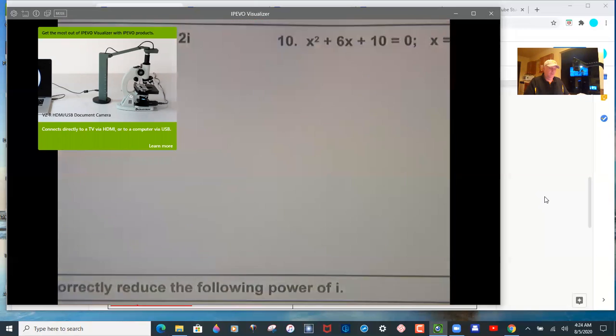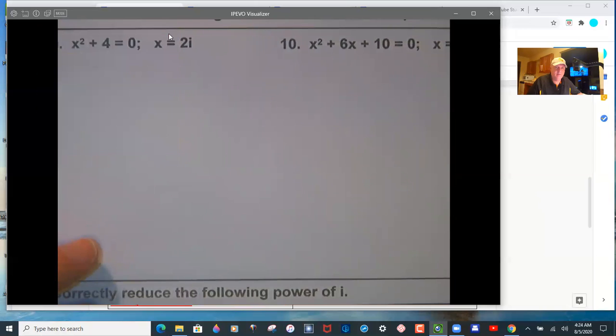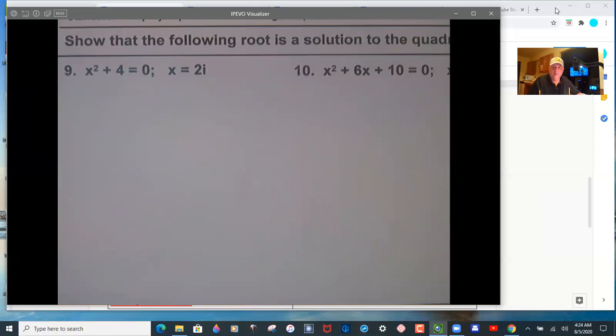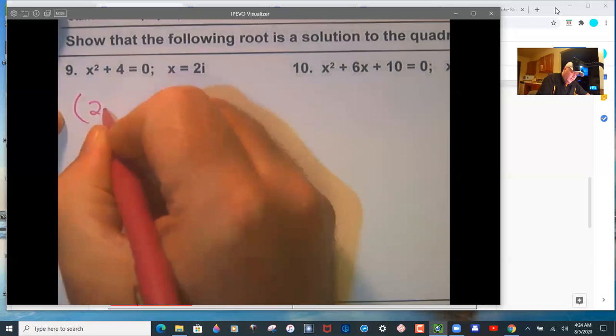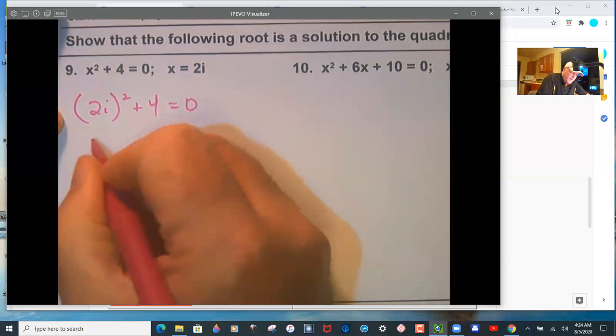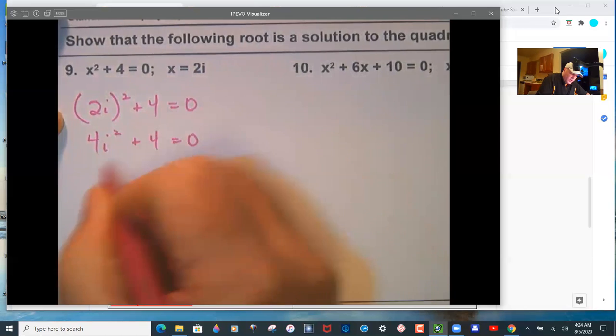Okay, tier 3 on this first problem. We are showing, so this is where we needed to know all of this, that each of these is a solution to the following. So 2i squared plus 4 equals 0. We have to get 0 equals 0. You have to show me this work.